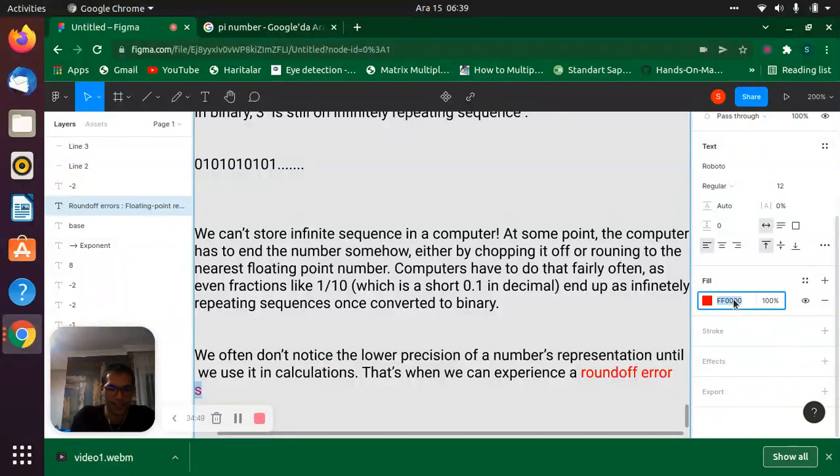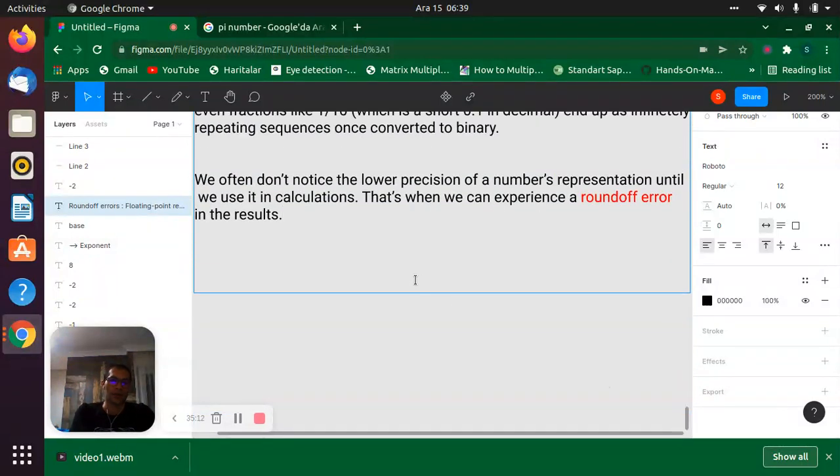And let's say in the results, just like this one, in the results. Just tag, not too much about that. And the last information here I will add.